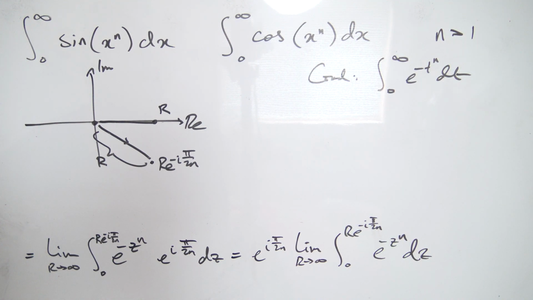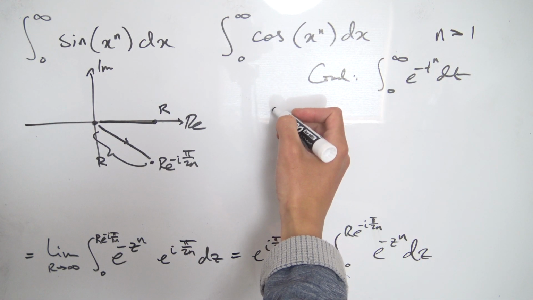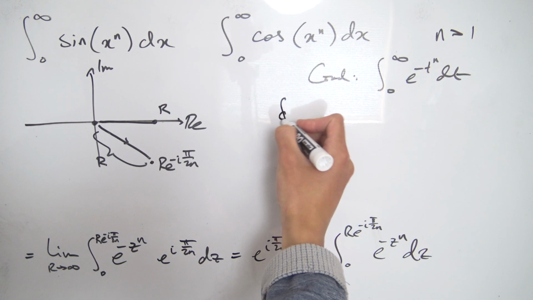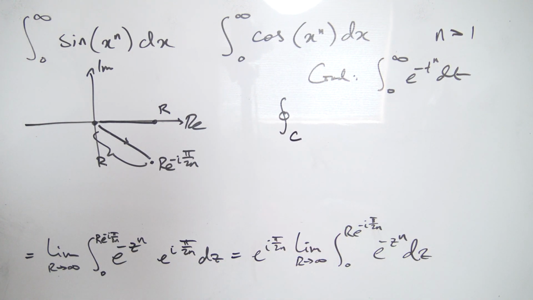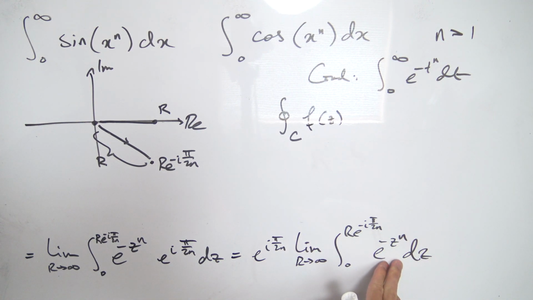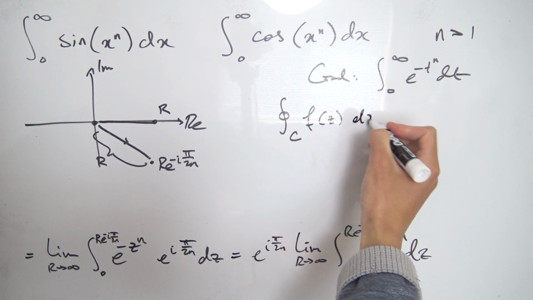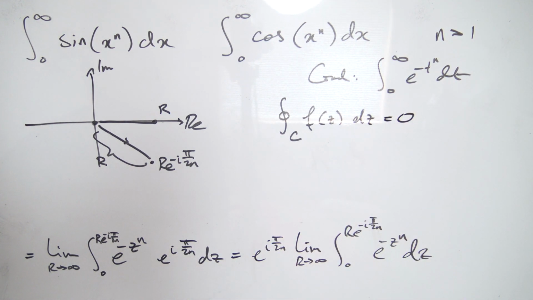So we can actually make use of Cauchy's integral theorem. Cauchy's integral theorem says that if you have the contour integral along some closed loop C of our function f of z, and in this case our f of z could be e to the minus z to the n, and f of z is analytic everywhere, then this integral just becomes 0.